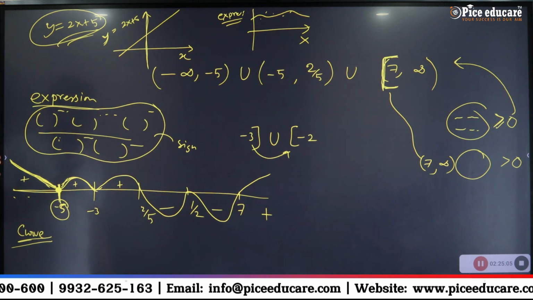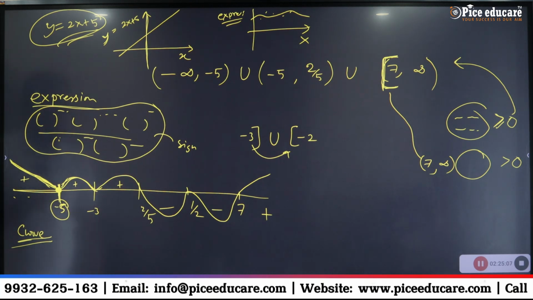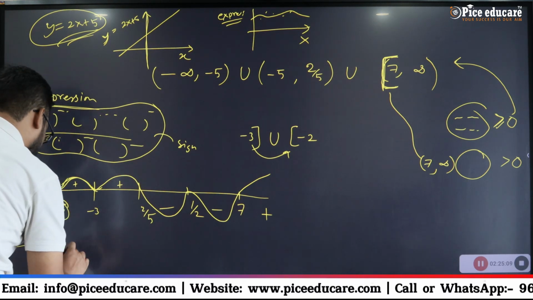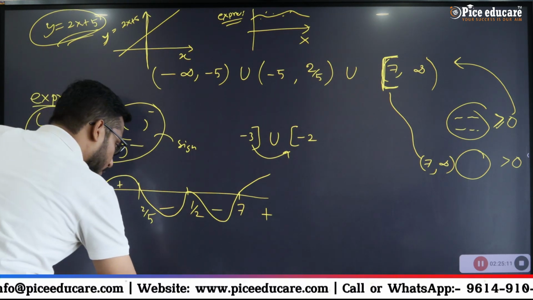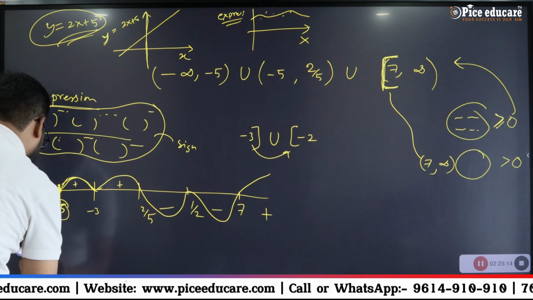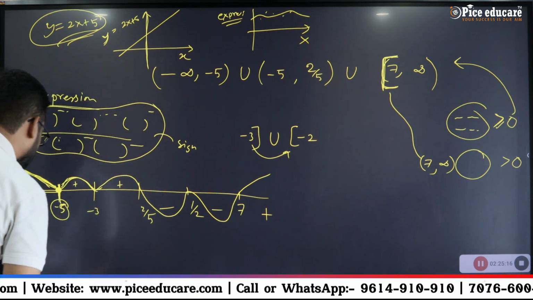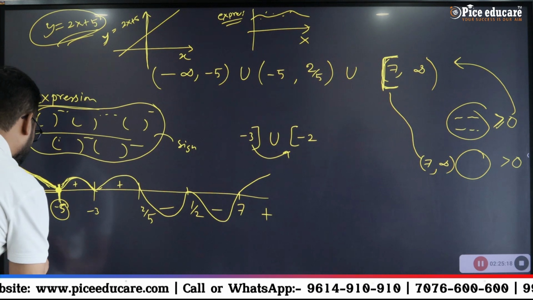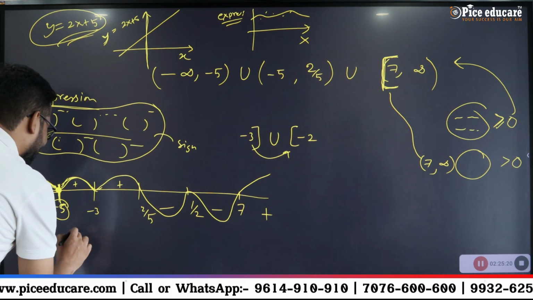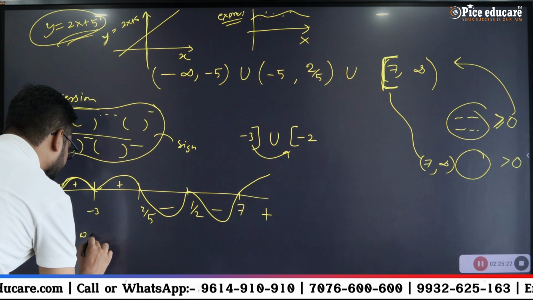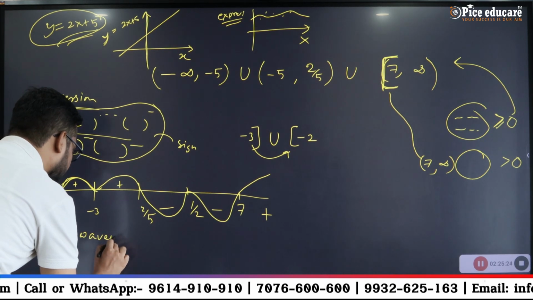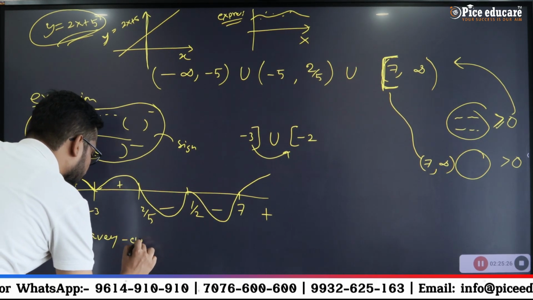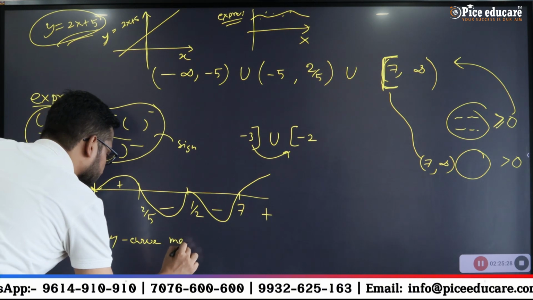It looks like something wavy, right? So it looks like a wave. That's why the whole thing that we just did for the last god knows how many minutes has a name, and this is known as Wavey Curve Method.